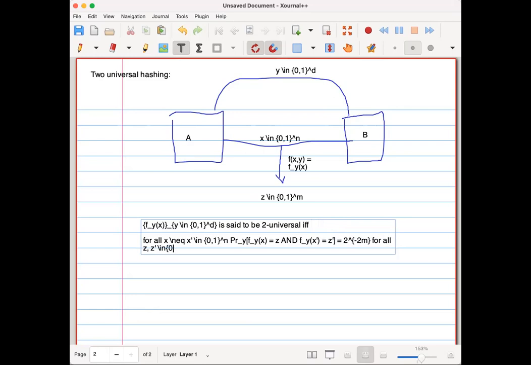The event here is not a collision. I'll relate it to collisions very shortly, but this is the definition of two universal.